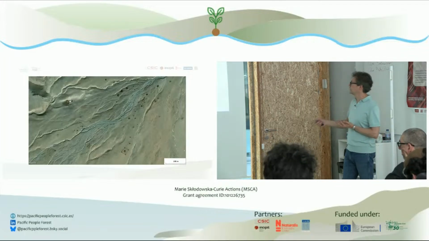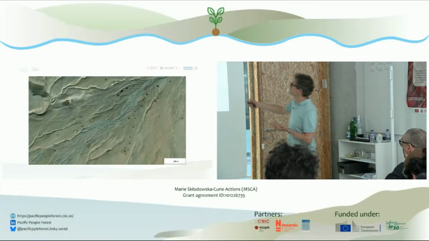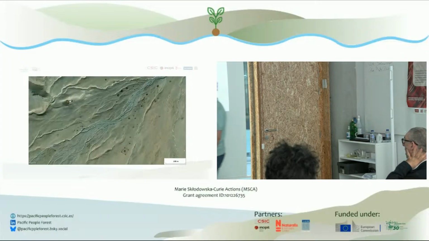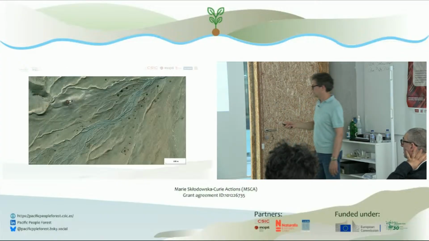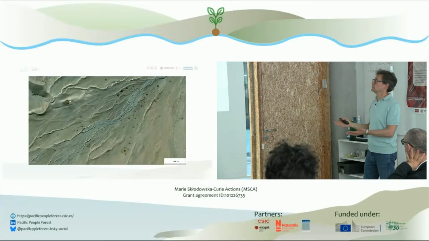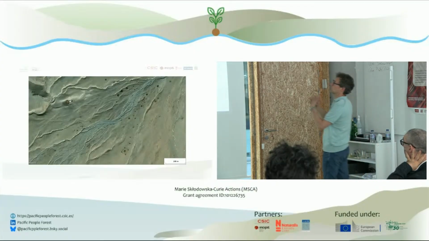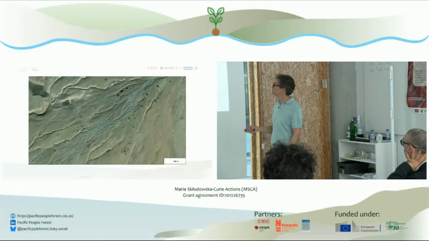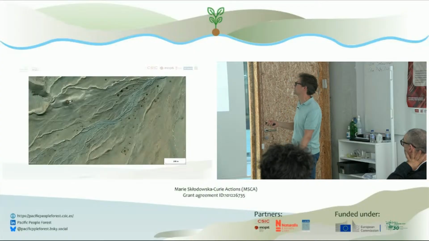So it's very easy to notice the presence of mounds like dots here and there. So this would be an example of photo interpretation aimed at locating things in the landscape.